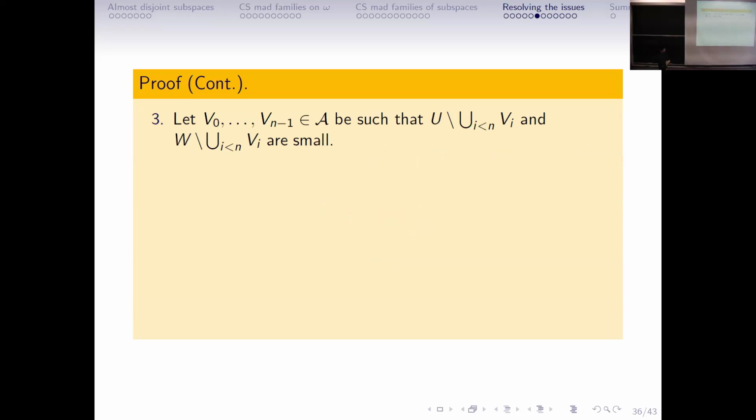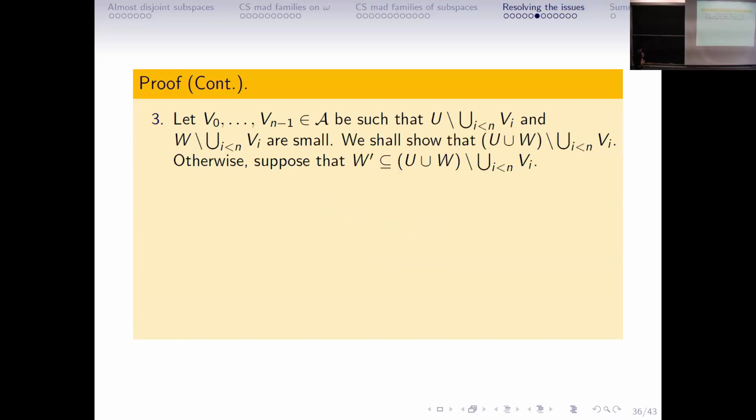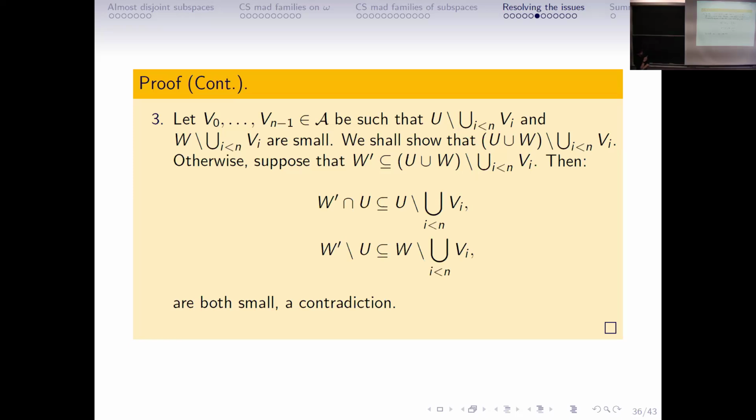So if U and W are in the ideal, then we can take some Vi's which almost cover U and W. I'm claiming that this set of V also works for U union W. Because otherwise, if there is a W prime that is inside this subspace, then U is going to split W prime into two small components. But like I mentioned before, subspaces cannot split subspaces into two disjoint small components.